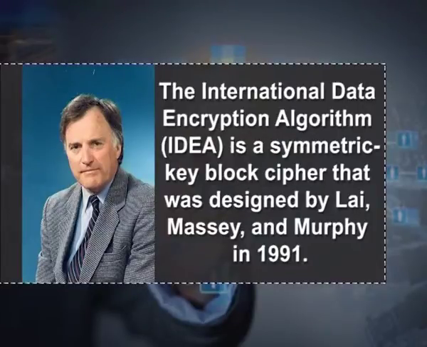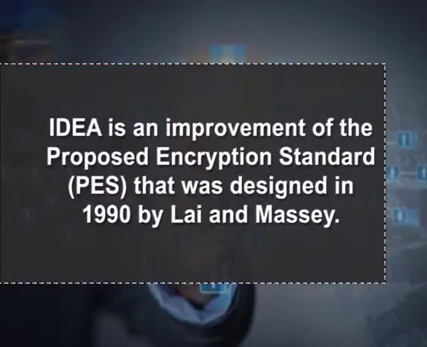The International Data Encryption Algorithm, IDEA, is a symmetric key block cipher that was designed by Lai, Massey and Murphy in 1991. IDEA is an improvement of the Proposed Encryption Standard, PES, that was designed in 1990 by Lai and Massey.